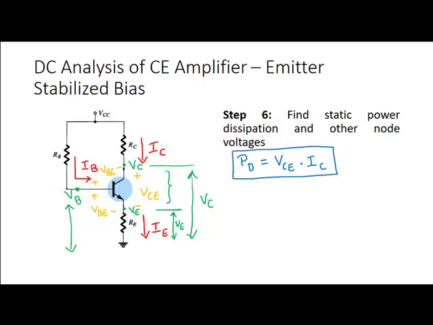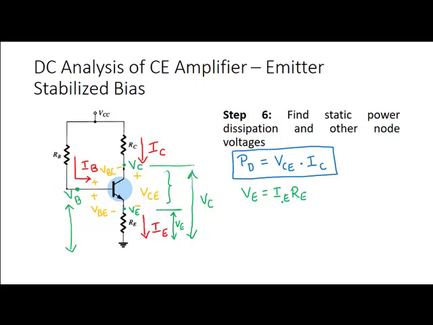So let us first find what VE is. In case of fixed bias, this emitter terminal is connected to the ground directly, so the VE value was 0. Now this emitter terminal is not connected to the ground. We will have to find out what VE is. As you can see here, VE is also the voltage drop across the resistor RE. So VE can be calculated as IE times RE.